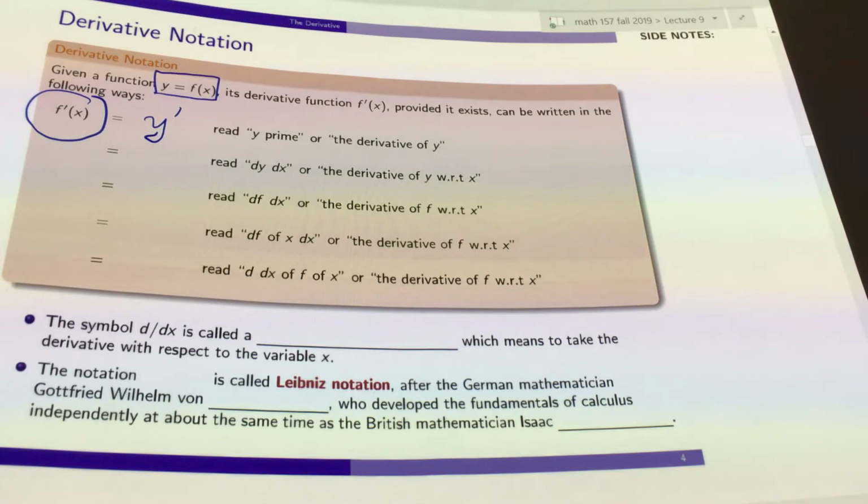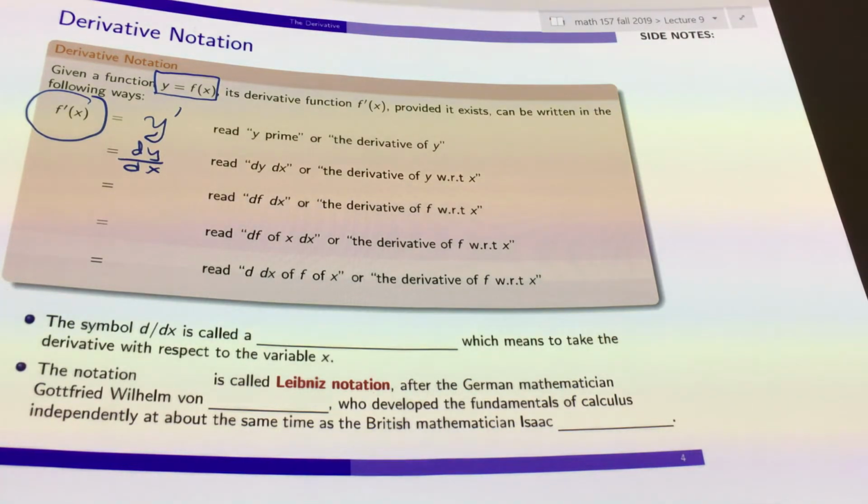Now this notation is very short, but it's not always convenient, because when I express y prime, actually I have two variables, x and y, and I didn't show the x. So if the function has more than one variable, you have to specify the variable x, so I use dy dx. This is also a very common notation.